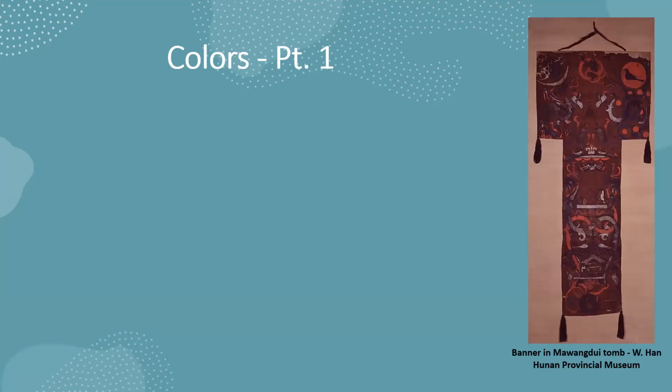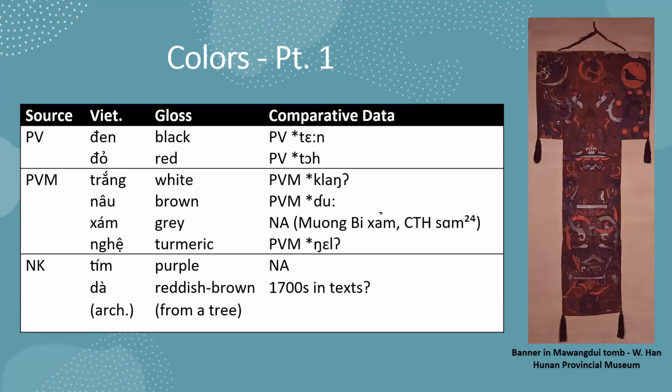Okay, back over here for those colors. So just briefly, we can argue about the meaningfulness of Berlin and Kay's establishment of basic color terms. It doesn't matter whether we agree with them or not. It is the case that the native Vietnamese words here, Proto-Vietic and Proto-Viet-Muong here, have those basic ones.